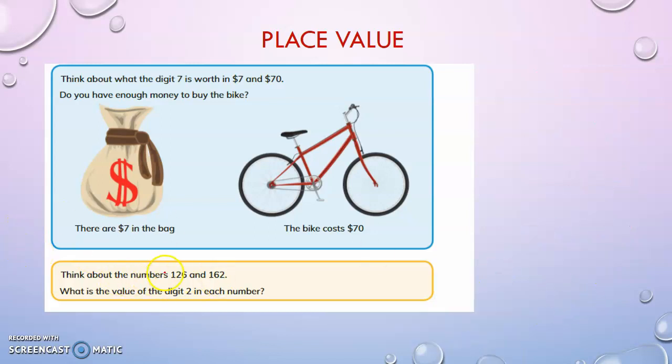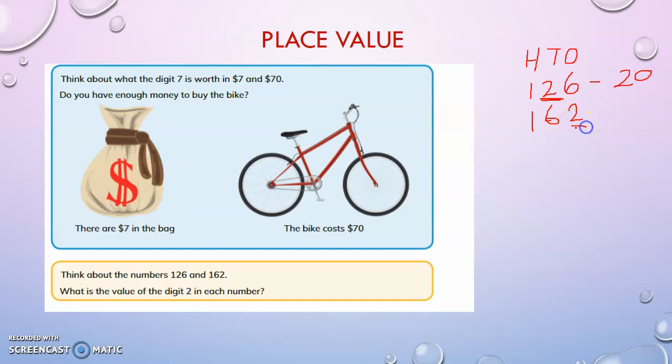Think about the numbers 126 and 162. So here again we'll write the place value cards. Hundreds, tens and ones, 126, 162. What is the value of digit 2 in each number? So here digit 2 is in tens place, so its value is 20.